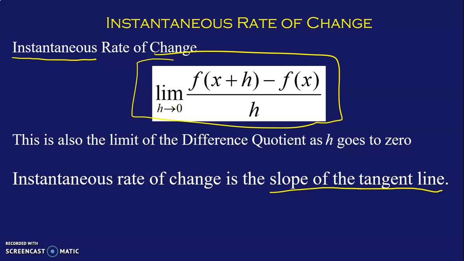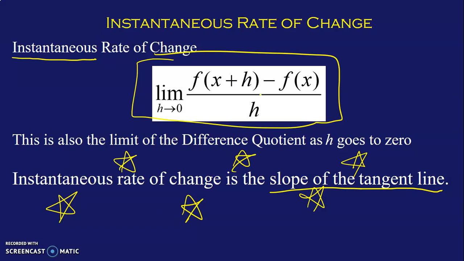The limit as h approaches 0 of f of x plus h minus f of x divided by h. So, again, in your notes, this is a really big one. So, instantaneous rate of change is the slope of the tangent line. In the previous video, we talked about how the average rate of change was the slope of the secant line.